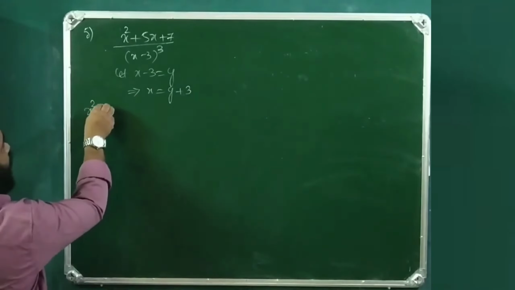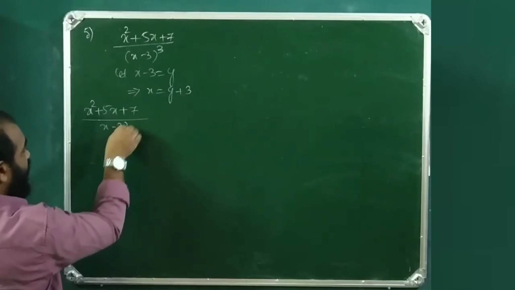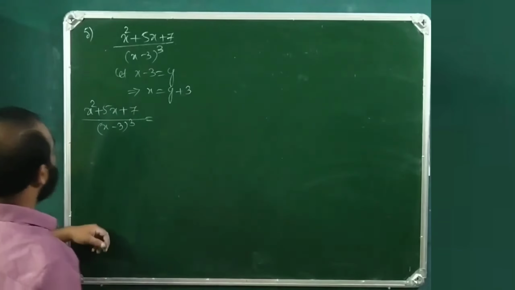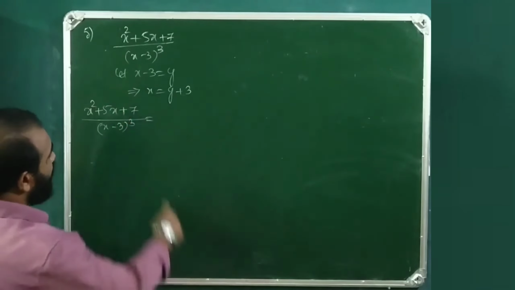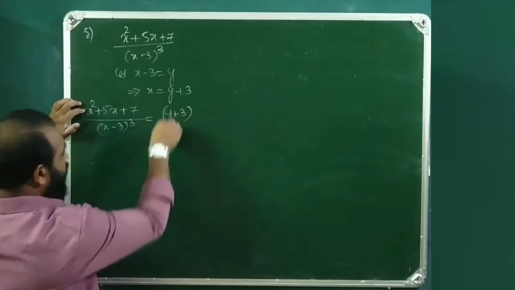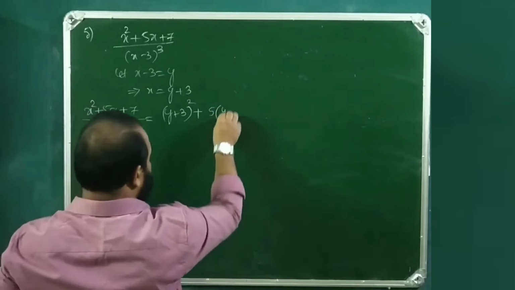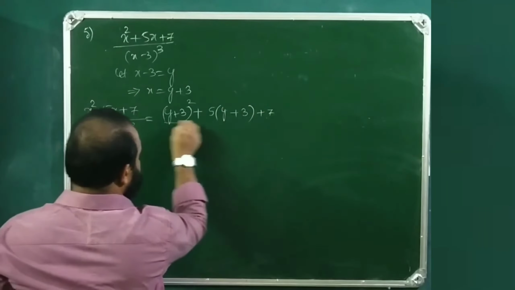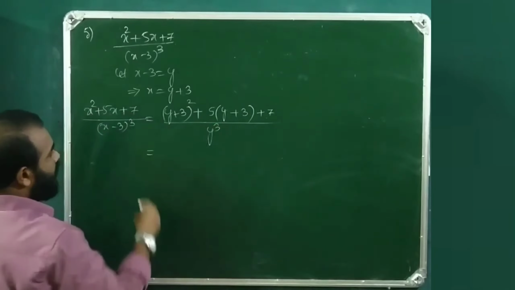So x square plus 5x plus 7 by x minus 3 whole cube is equals to, from this x equals y plus 3, the value of x is y plus 3 whole square plus 5 into y plus 3 plus 7 by y cube.